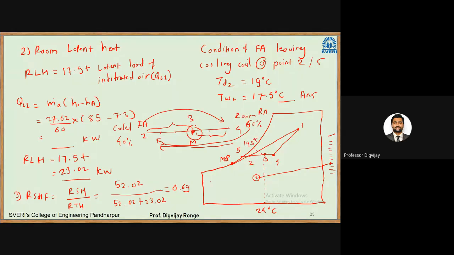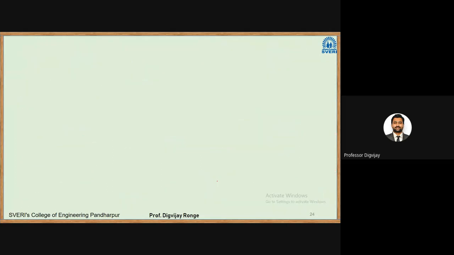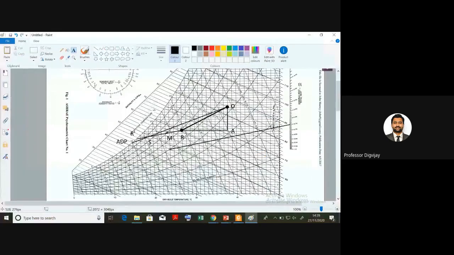So my third answer will be TD3, the condition of supply air. Here TD3 from the psychrometric chart is 24 degrees Celsius and TW3 is 19.8 degrees Celsius. Right now it is not possible for me to locate that point exactly in this Paint app, but I have shown how to locate that point. So point M, that condition is also known.